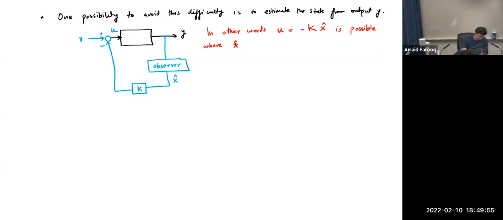Where x hat is the estimate of the state x, and is asymptotically accurate, meaning that hopefully the observer is able to construct the state very accurately, and if that's the case, then your feedback controller will perform in a well-defined way.